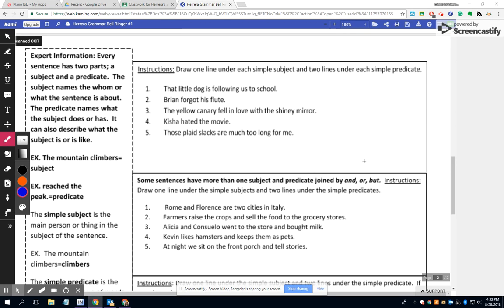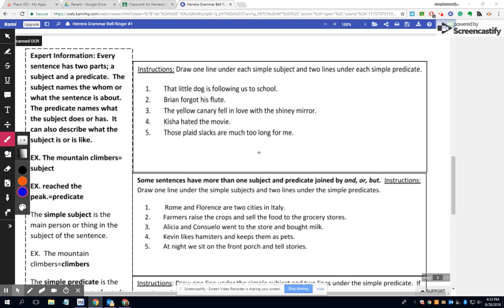Okay, this is a little extra tutorial help for people who maybe need a little extra explanation for simple subject and simple predicate. Last week we were talking about complete subject and complete predicate. Simple means less words, only the subject that's doing the action or being something.